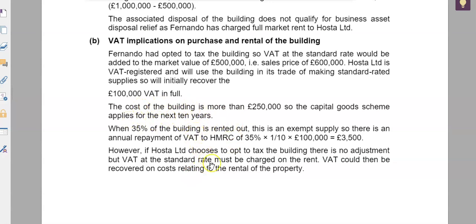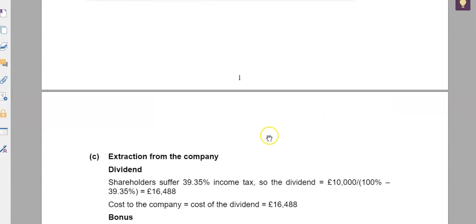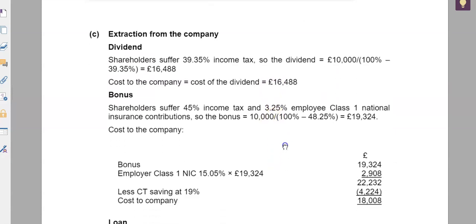Okay, moving on. So you mentioned this, but you forgot these two paragraphs. Moving on, part C. So extraction from the company.